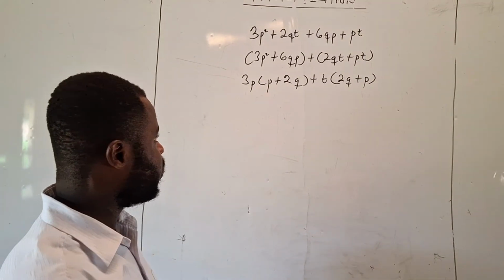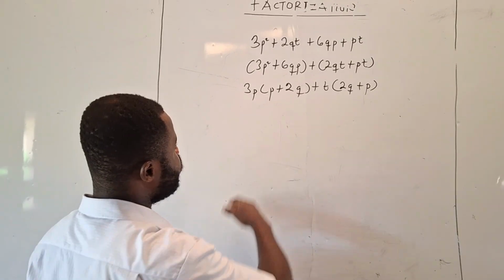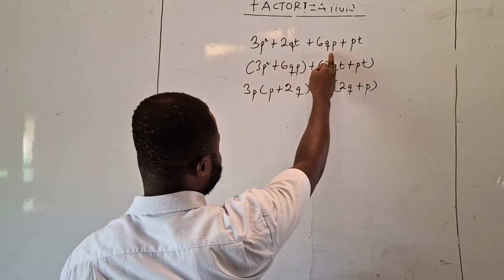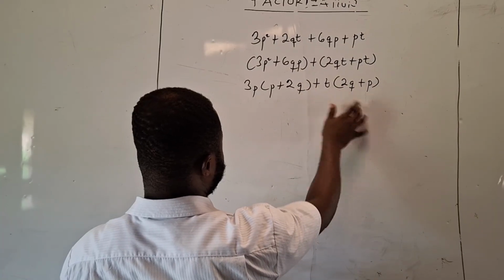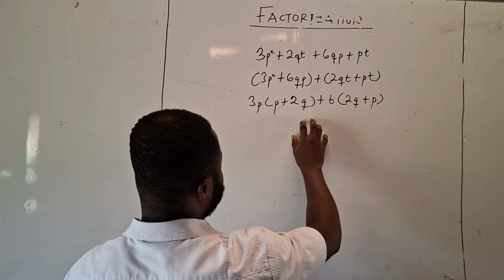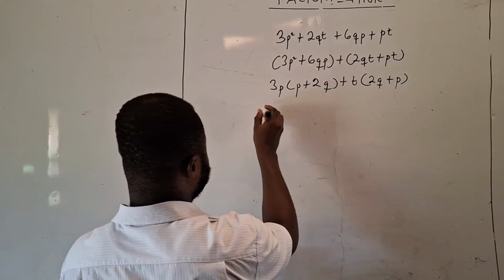So here the regrouping has to come in once again. So here we group this and this. It didn't work for us, because we are not getting the same thing. So meaning we can group the first and the last.